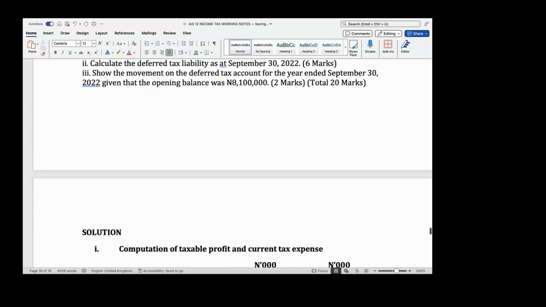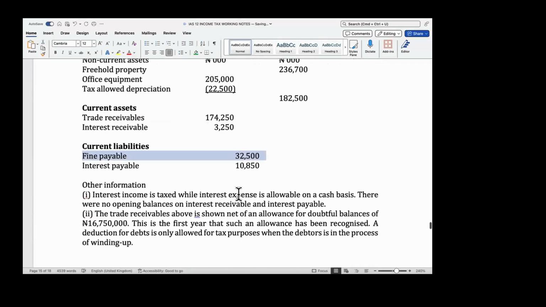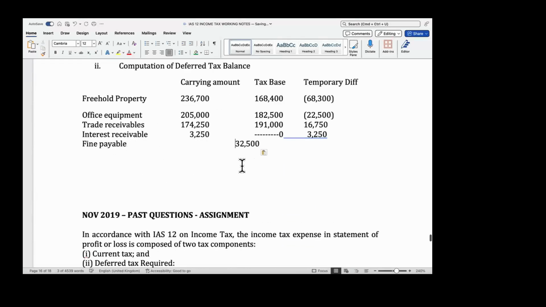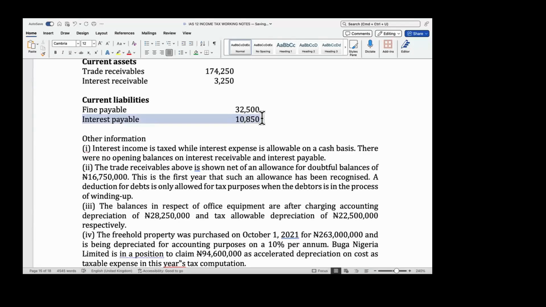That's the interest receivable. Then the next item is fines payable. The tax base is going to be 0, but these fines are a disallowable expense, so it's a permanent difference. So we'll put a dash there. And finally is the interest payable.